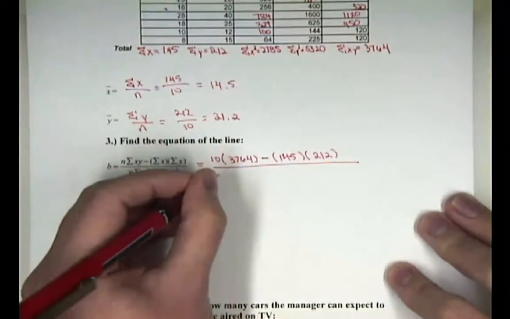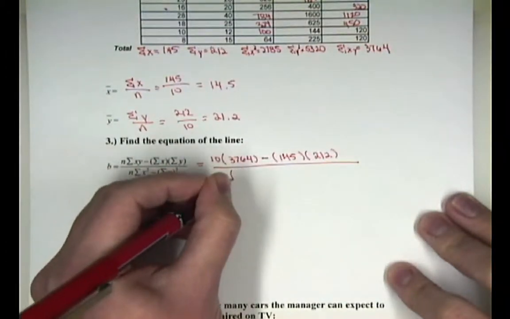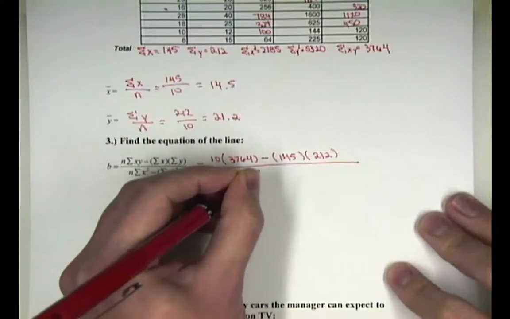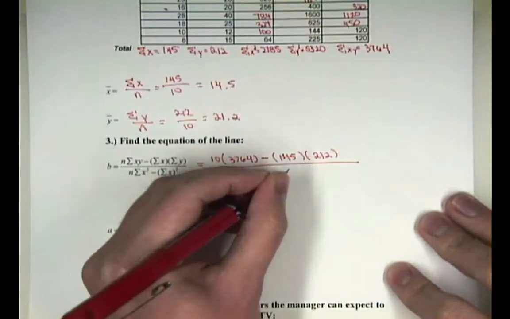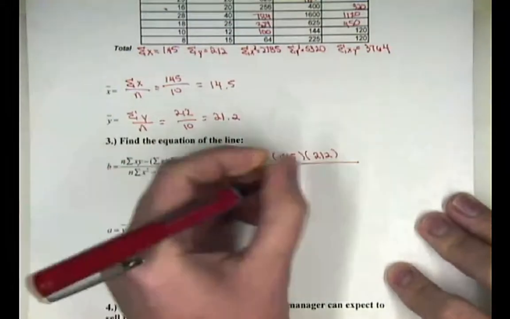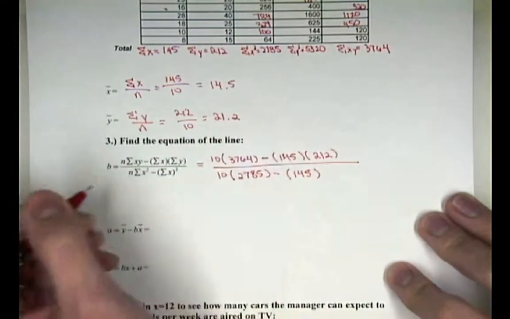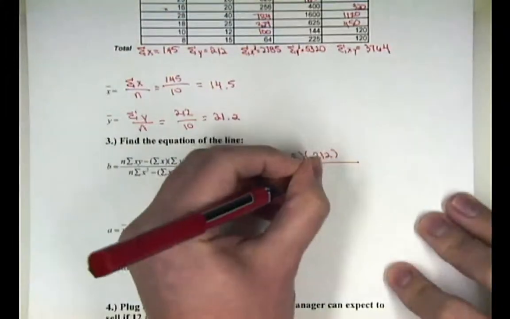All divided by n again, which is 10, times the sum of the x squares, which is 2785, minus the sum of the x's in parentheses squared, so that's 145 in parentheses, and then you square it.